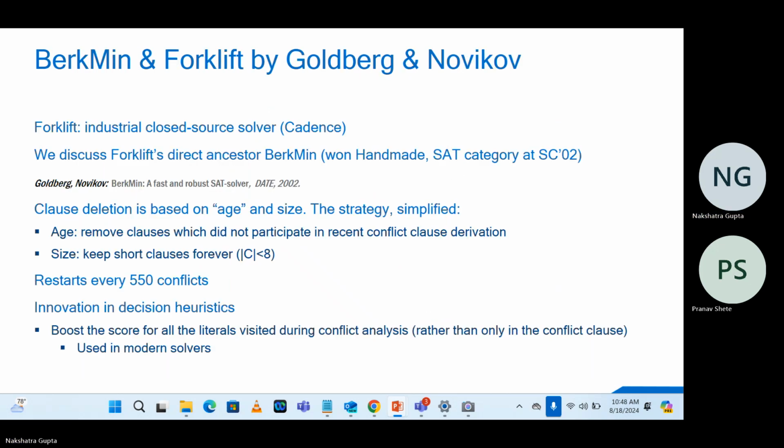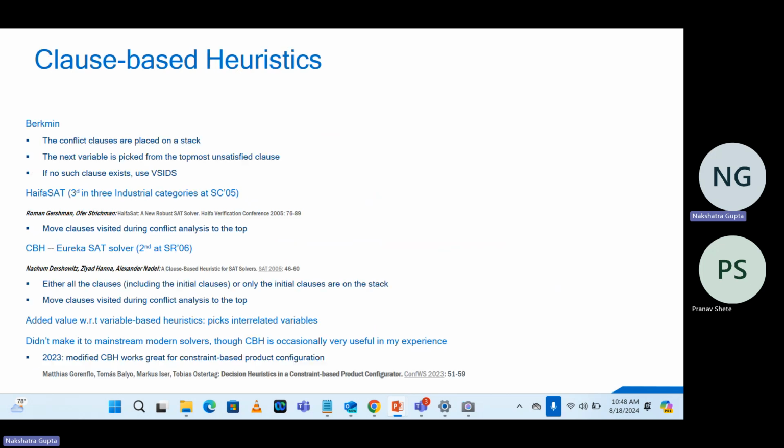Now, another thing which Broken did is clause-based heuristics. So I have a slide on that. So in Broken, it used clauses to decide which variable to choose next. What they did is they had a stack of conflict clauses, and the next variable was picked from the topmost unsatisfied clause.